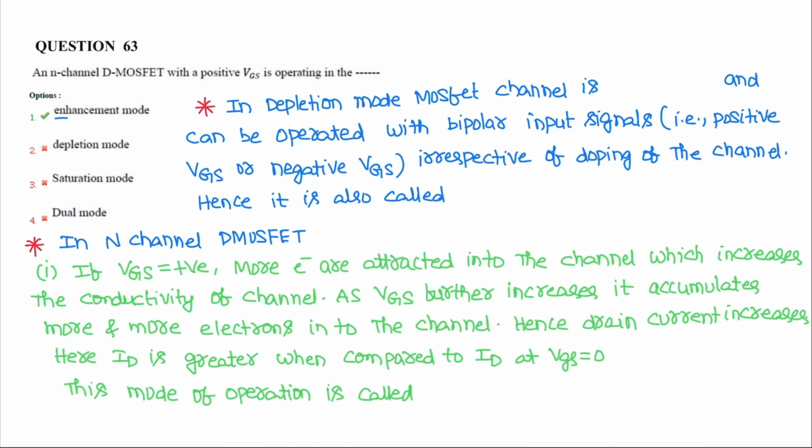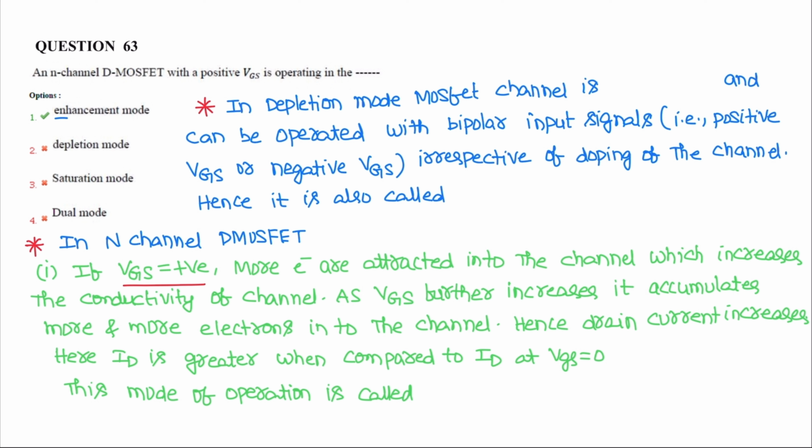So let us see in an N-channel depletion MOSFET, if gate source voltage VGS is positive, the mechanism is that more electrons are attracted into the channel, which increases the conductivity of the channel. As VGS further increases, it accumulates more and more electrons into the channel. Hence, drain current increases.